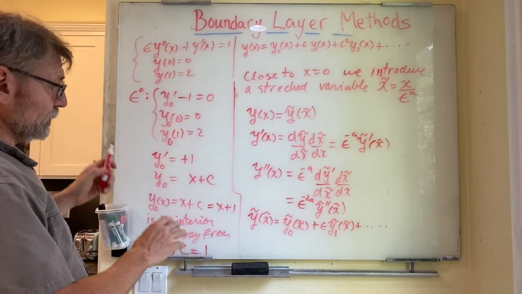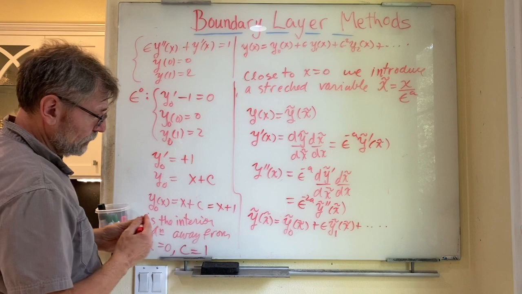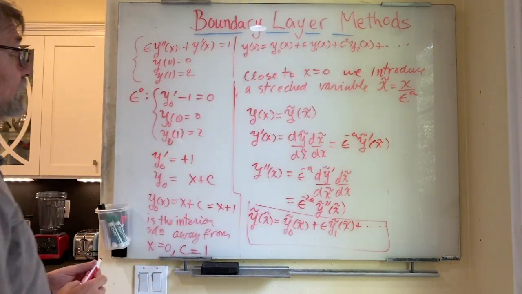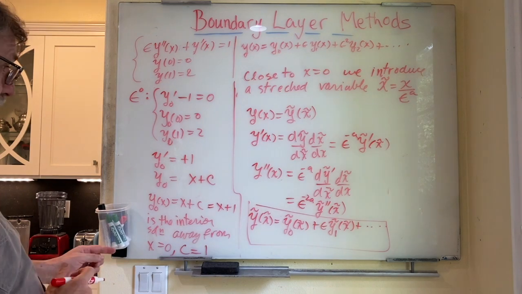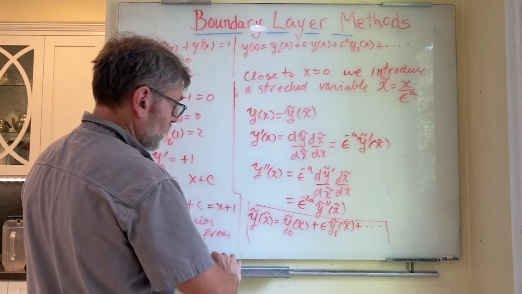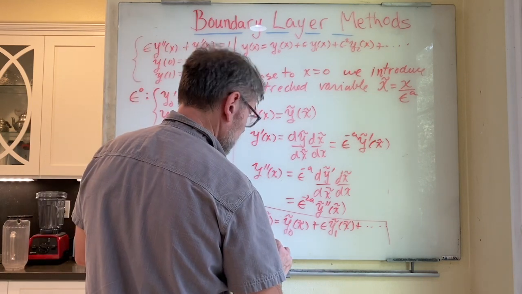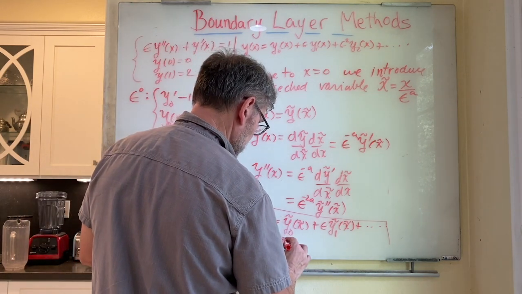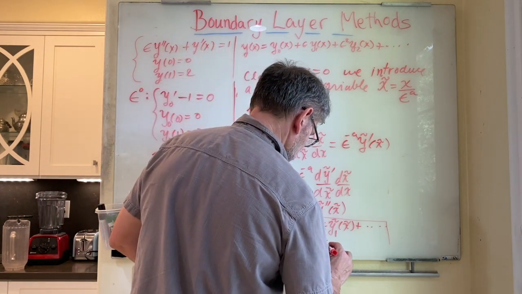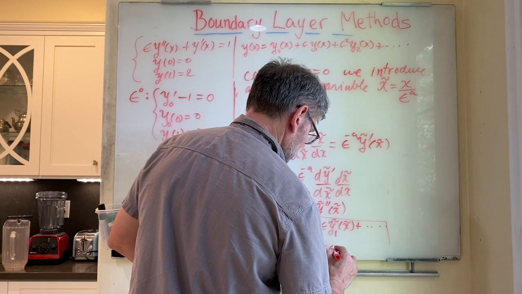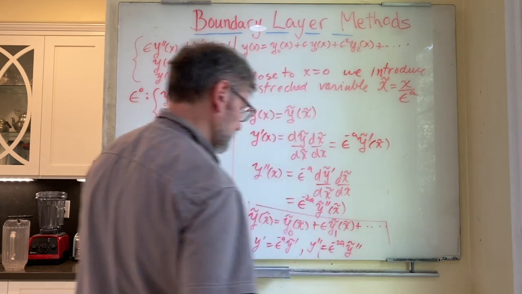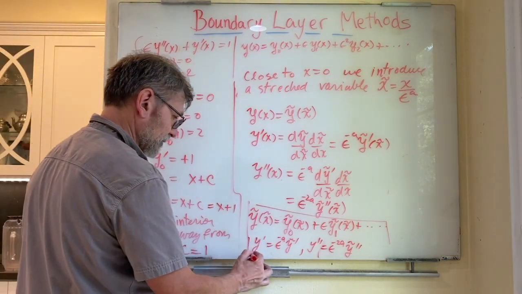All right, so I need more space. Remember, we're looking for a solution of this form, and I need to remember that y prime is equal to epsilon to the minus a y tilde prime, and y double prime is equal to epsilon to the minus 2a y tilde double prime. So I can't erase it.